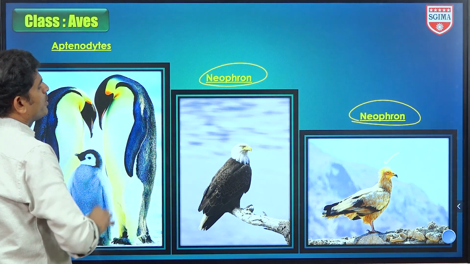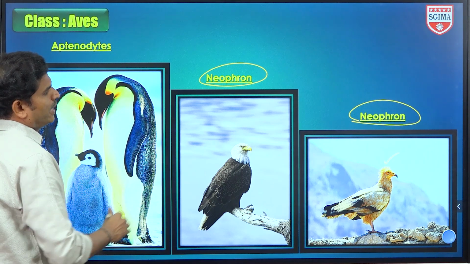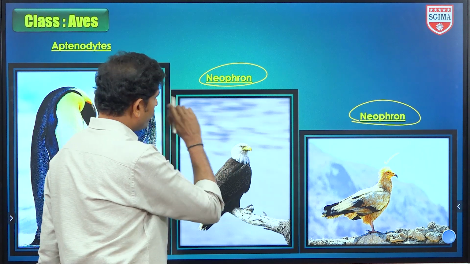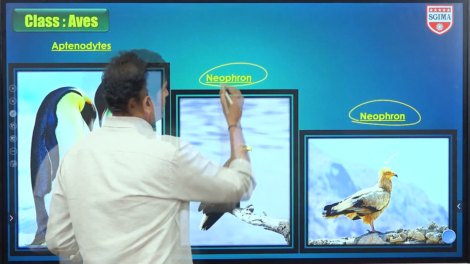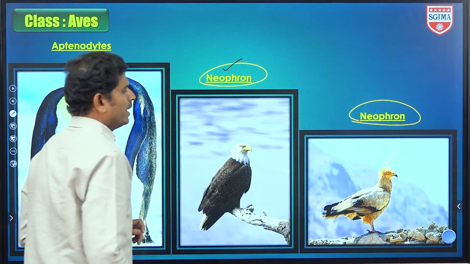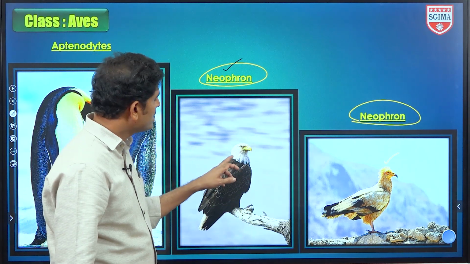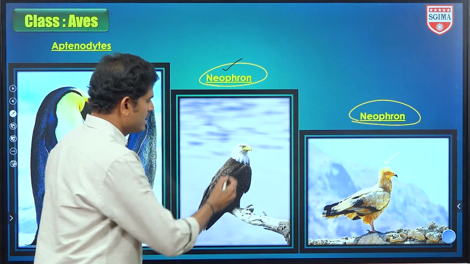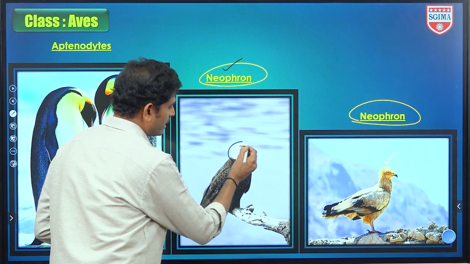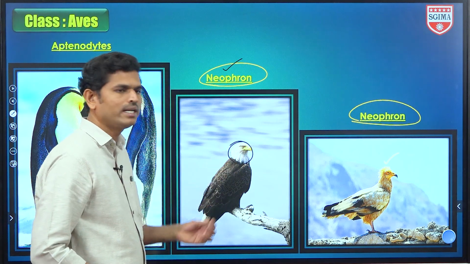Aptenodytes, this is a swimming bird, penguin it is. And next one, Neophron. Neophron and Neophron, two pictures I have taken. According to NCERT, this Neophron should be a vulture, but it is not a vulture. It is an American bald eagle. Its specific character is that the head region will be white in color.